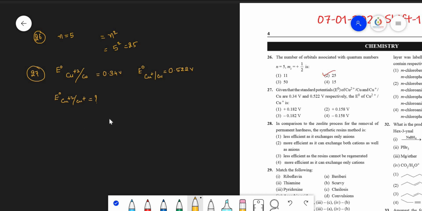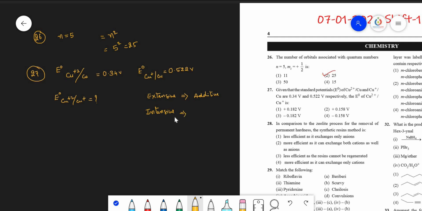Here we must remember one important thing regarding extensive and intensive properties. The main thing about extensive properties is that they are additive. So we can add and subtract extensive properties. But in the case of intensive properties, we cannot add and we cannot subtract.